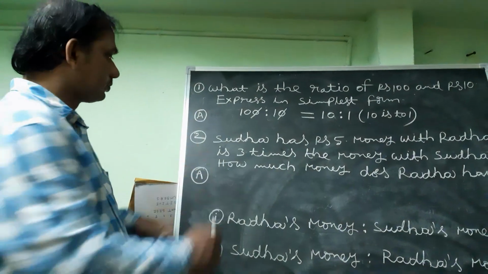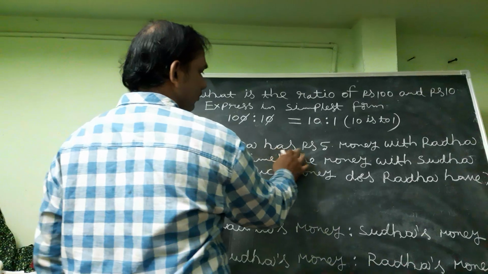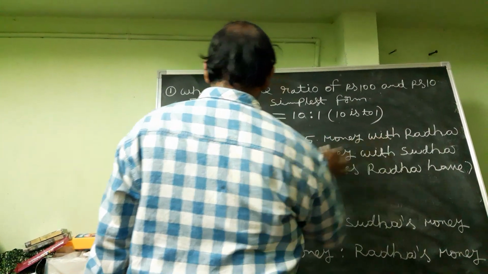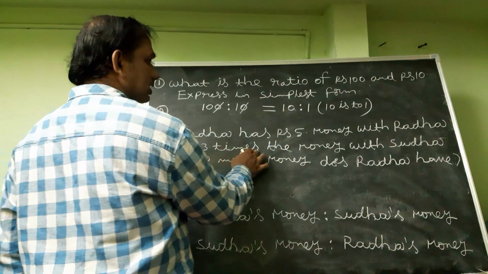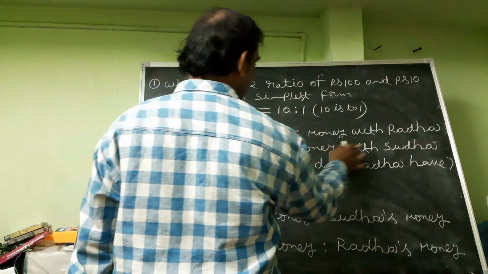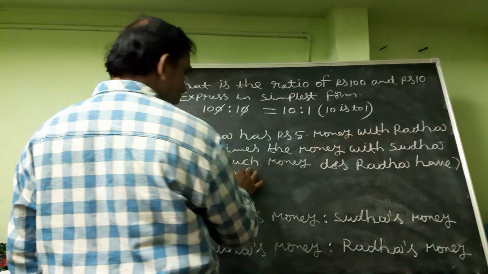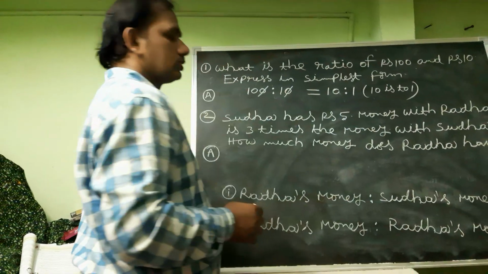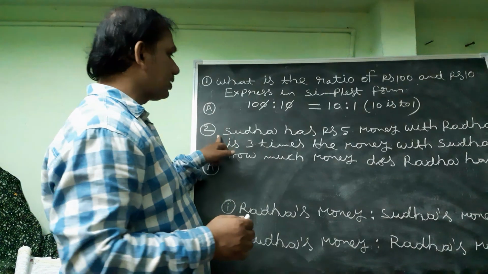Second one, Sudha has 5 rupees. Money with Radha is 3 times the money with Sudha. How much money does Radha have? So Sudha has 5 rupees money.